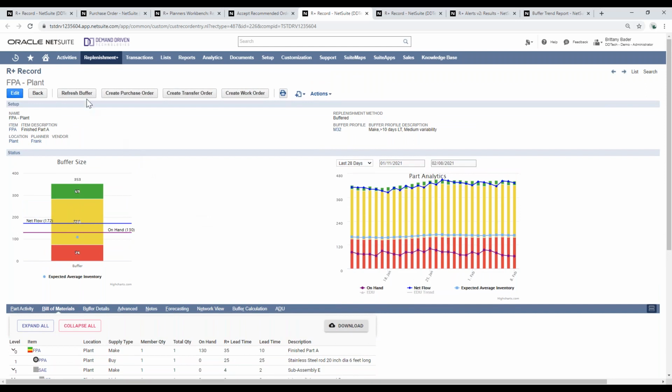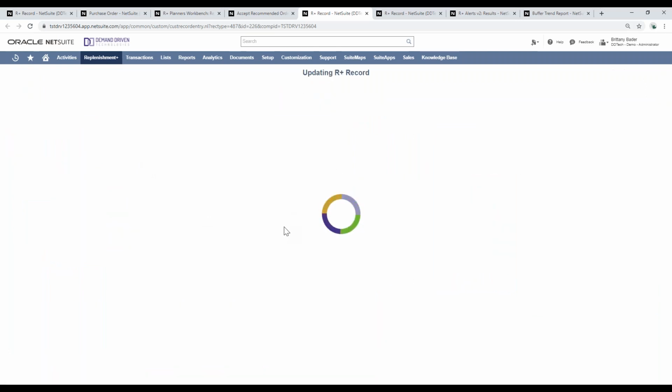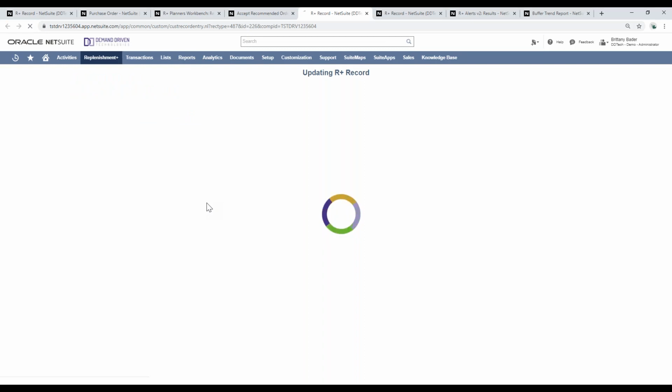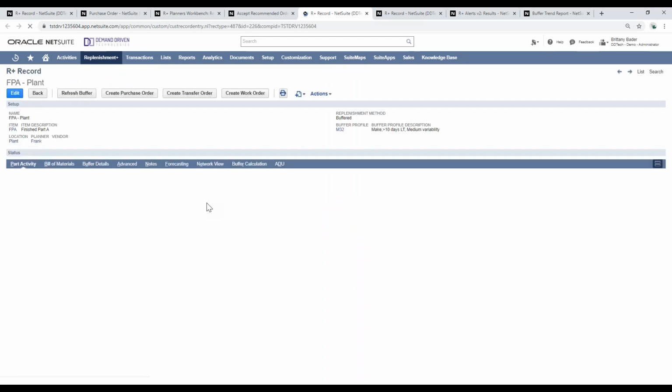So I've applied the PPA buffer, and I'm going to refresh this buffer. Again, it's going to automatically update. And what I'll be able to see is the difference in applying a buffer within that bill of material to say, hey, I want to compress my lead time. I want to make myself more responsive to my customers. So I'm going to make a financial decision here to hold stock.